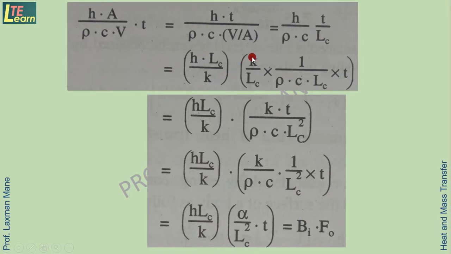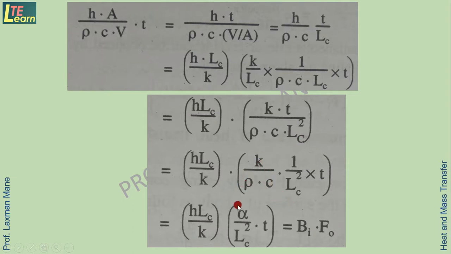Now we can make some arrangement: multiply and divide by k and Lc in this case, then separate the term h Lc by k and another k t by ρ C Lc square.